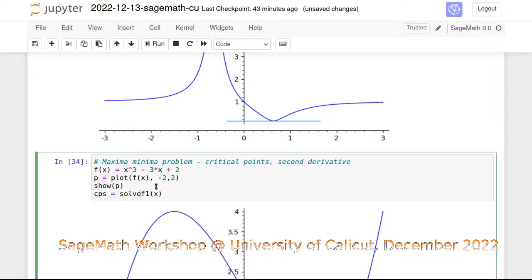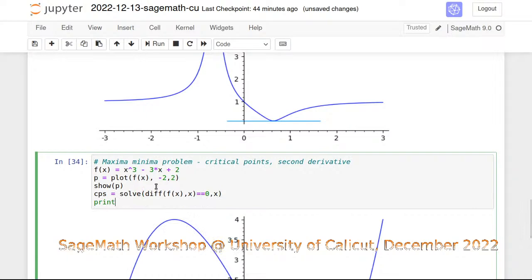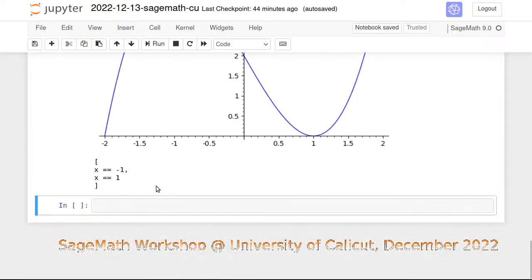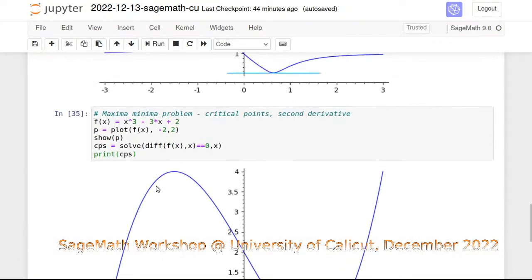So solve derivative of f equal to 0 for x, right? What are the critical points? The points, as we guessed, are minus 1 and 1. So at these 2 points, the derivative becomes 0.